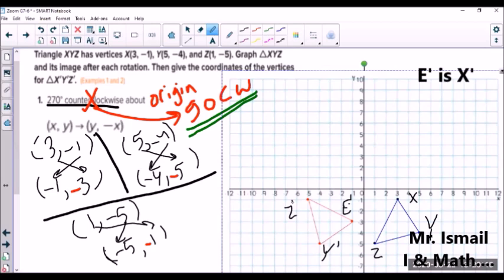Okay. Let's see the 270 or 90 clockwise.